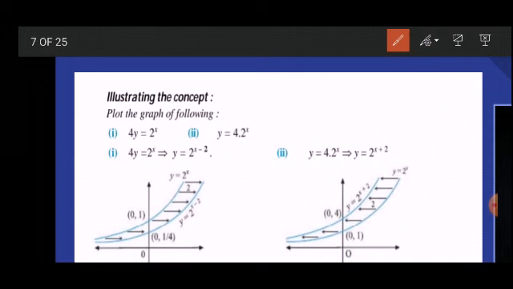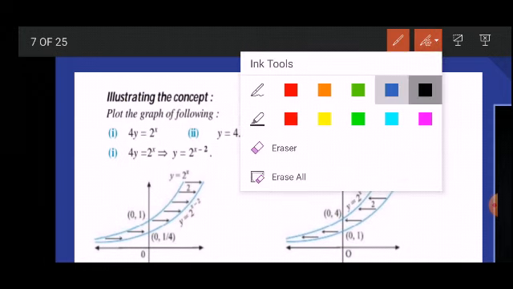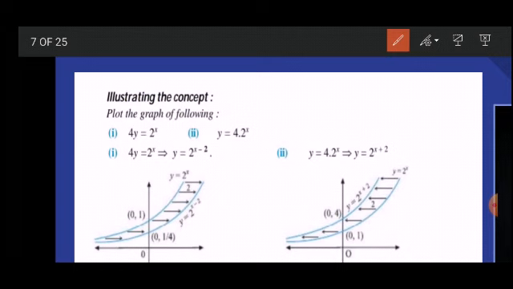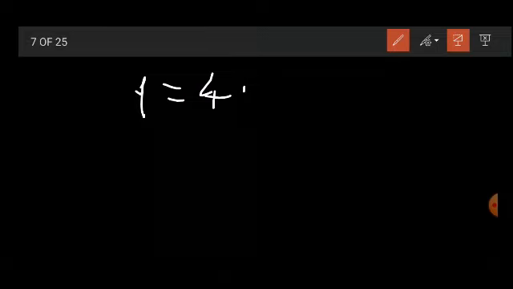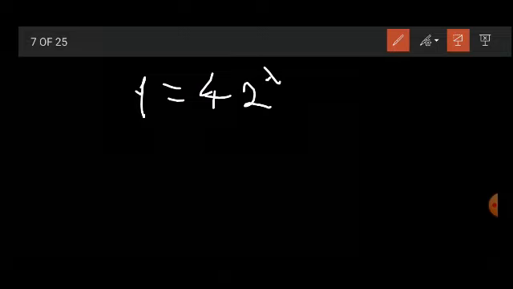In another question, y equal to 4 into 2 to the power x. In this situation, what do we consider over here? y equal to 4 into 2 to the power x. So we have to consider 2 to the power x, right?